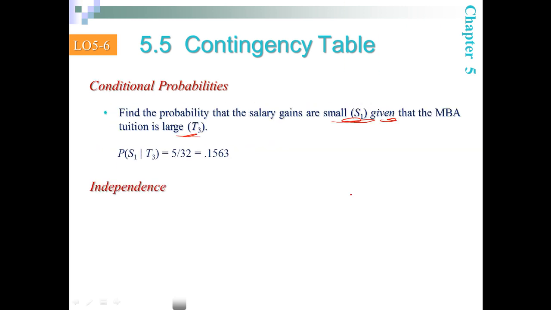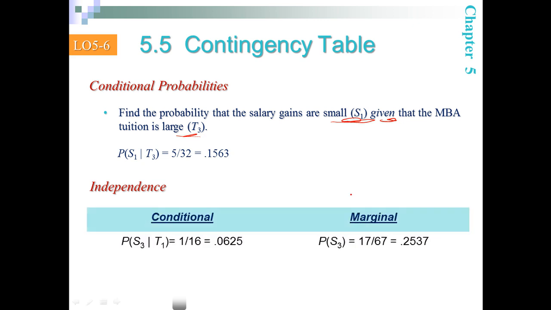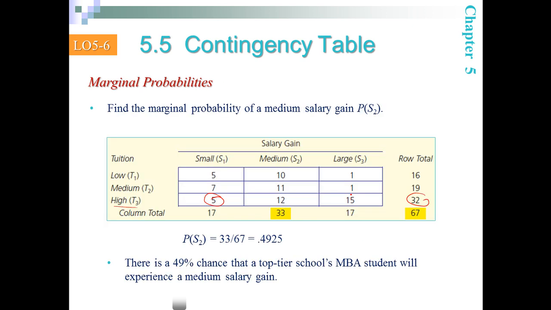If we wanted to check independence of some of this stuff, we can look at the conditional probability of S3, a high gain school, given a low tuition cost, and there's only one of those. So come back and look here.